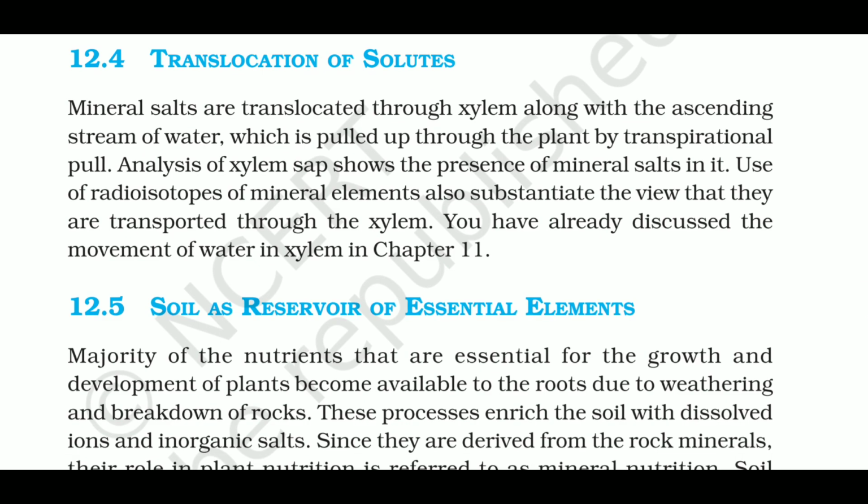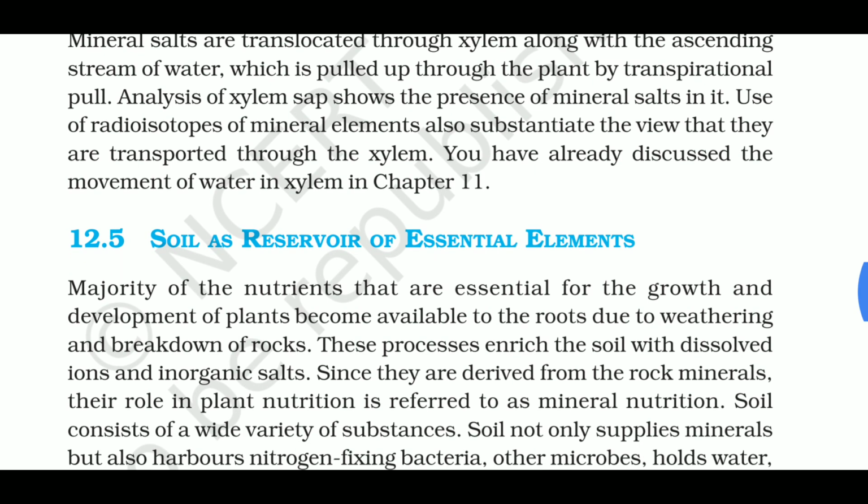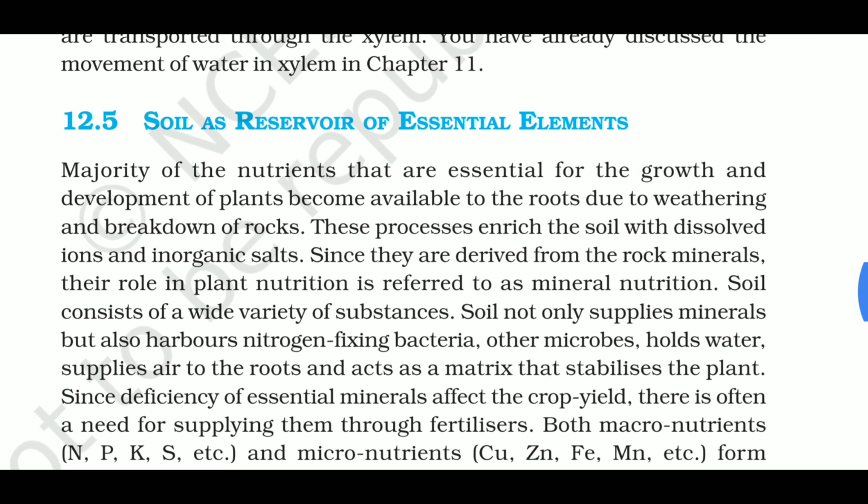Analysis of the xylem sap, meaning what minerals are present in the xylem sap, shows the presence of mineral salts in it. The use of radioisotopes of mineral elements also substantiates the view that they are transported through xylem. We have already discussed this topic in the movement of water in xylem.